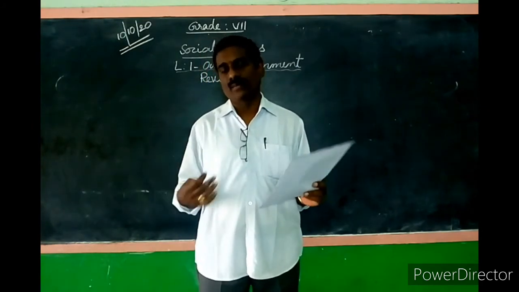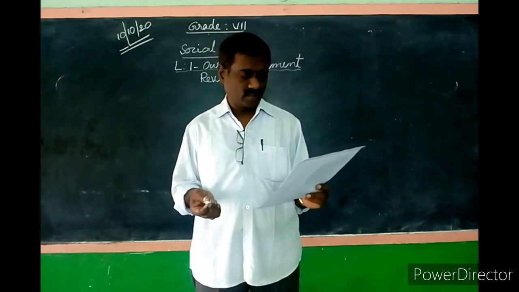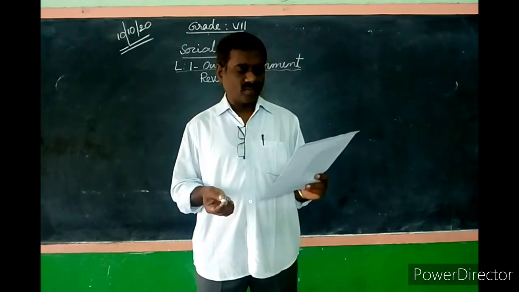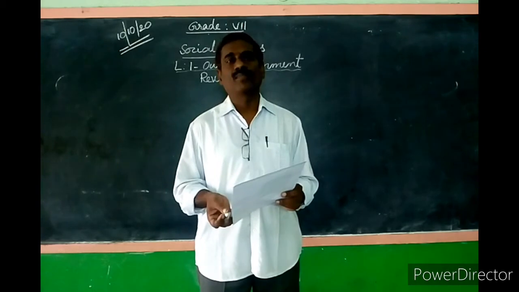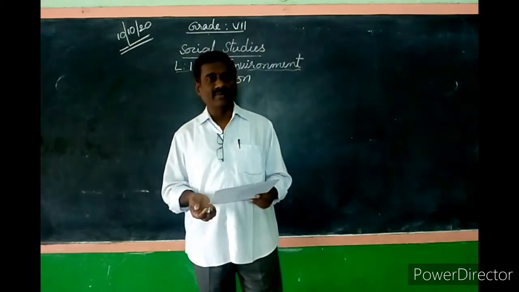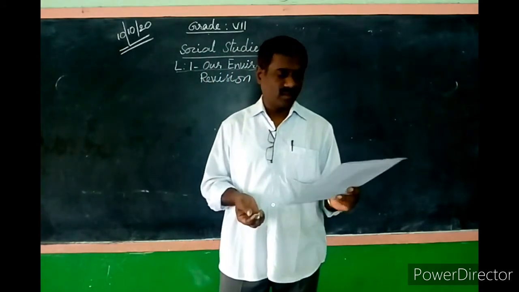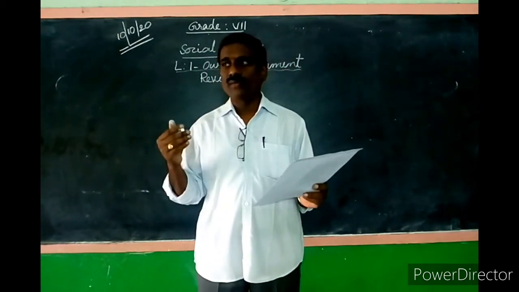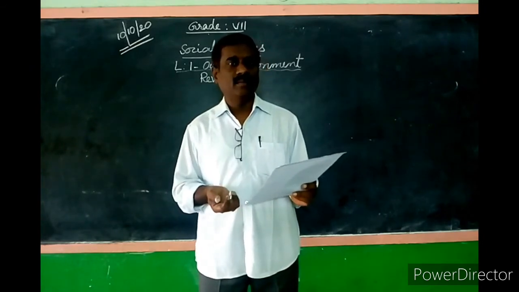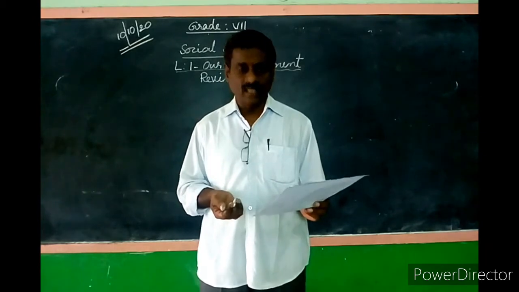We are consuming nature in various ways. Unplanned and unwise use of technology: whatever technical development takes place in our life is used very vigorously without any proper planning by the people. So it leads to some damage to the environment.